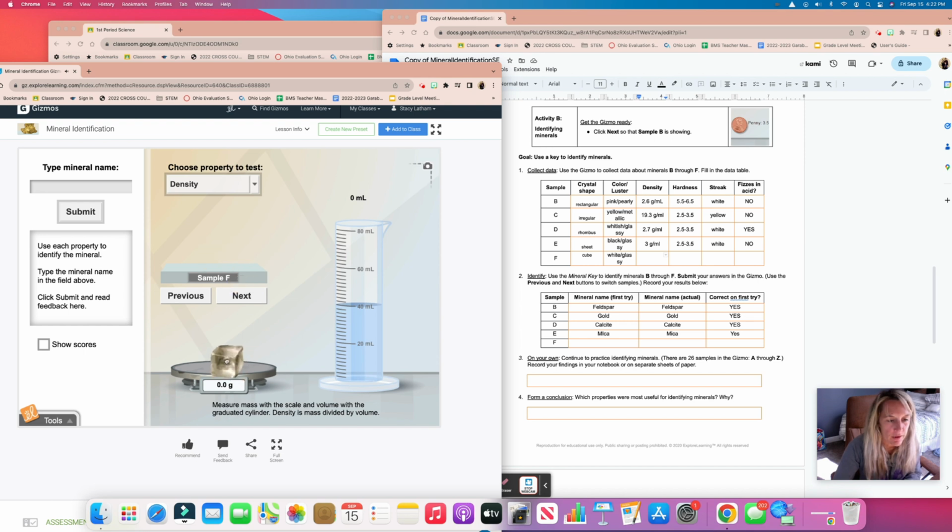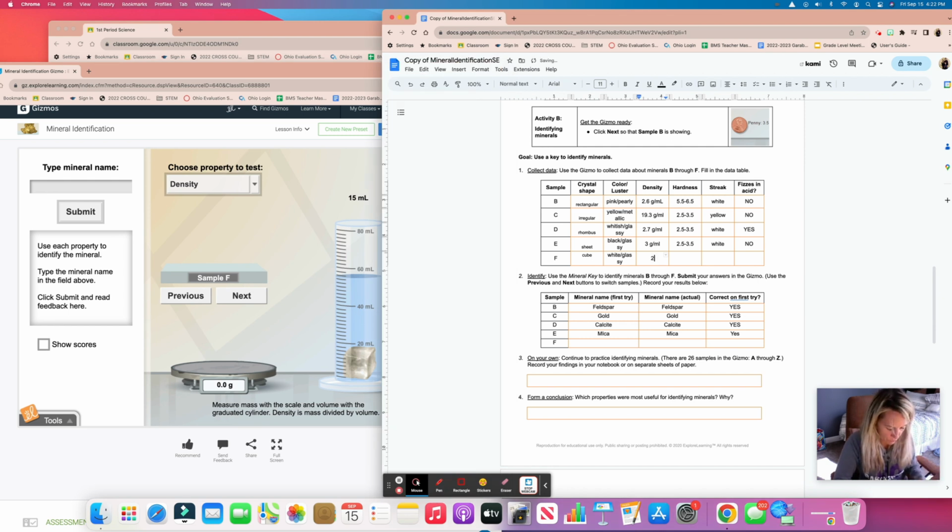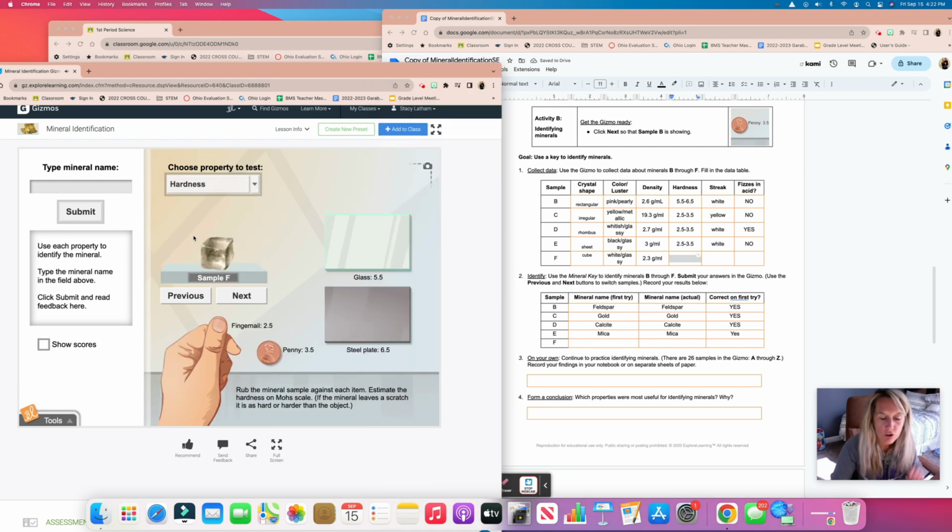So we have to get the mass, which is 33. So I'm going to plug in 33 on my calculator and divide it by the volume of 15. Density of 2.2. So that's going to go in here. 2.2 grams per milliliter.